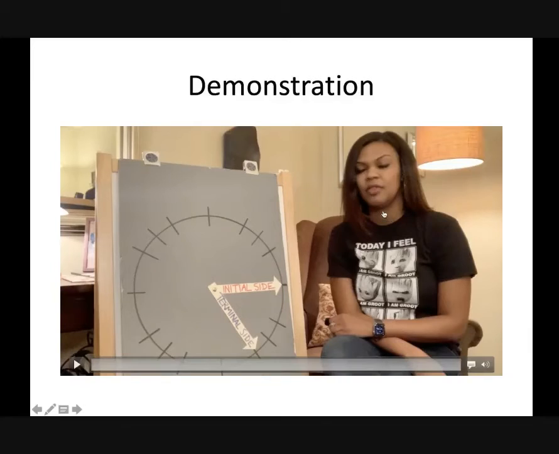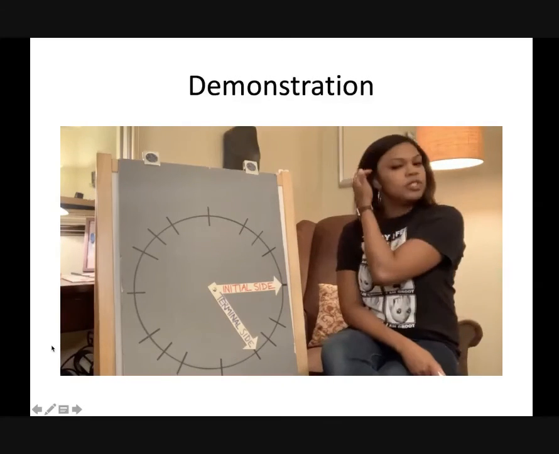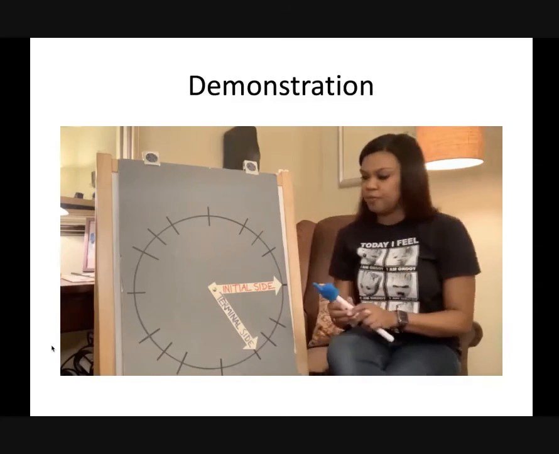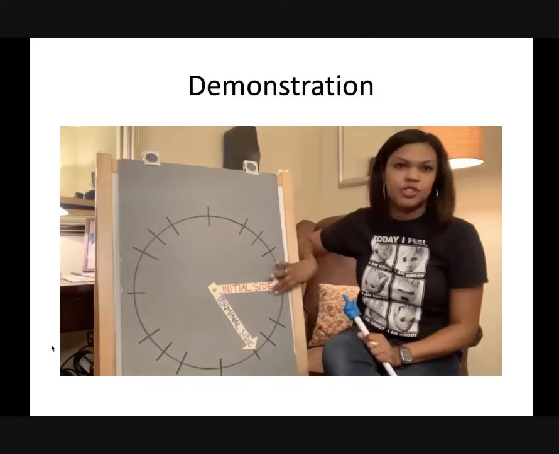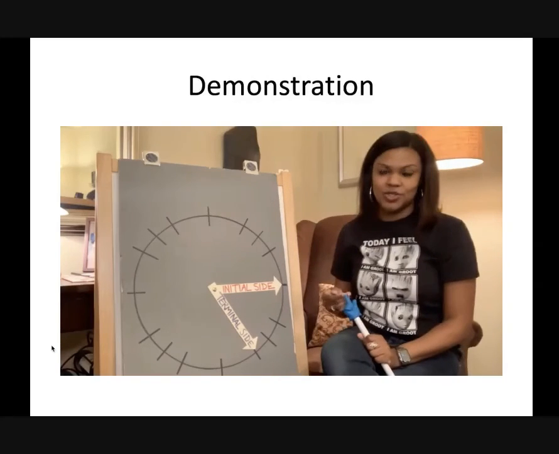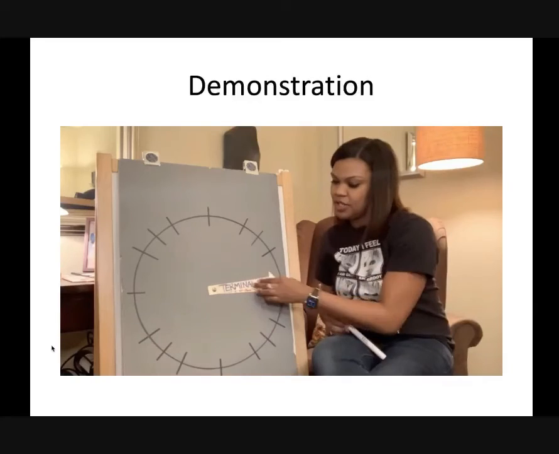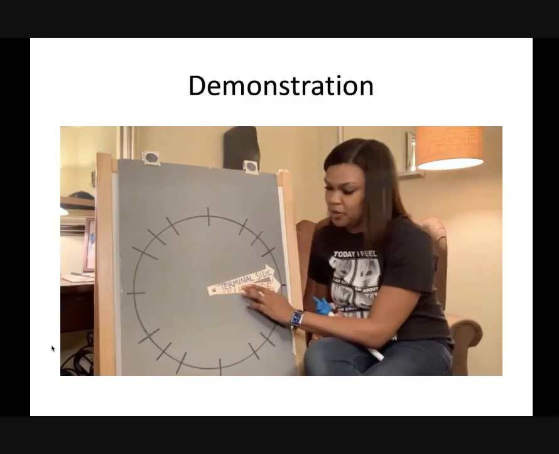So here's a demonstration of that. In rotating circles in trigonometry, it's very interesting. So we have here what's known as the initial side. Notice how the initial side does not move. This will always stay as the initial side. However, the other portion of our angle is called the terminal side, and the terminal side is the one that moves.